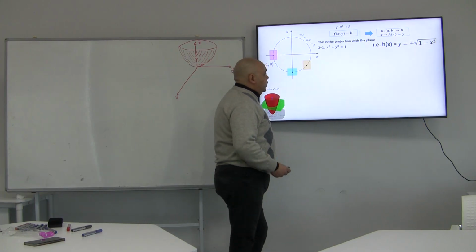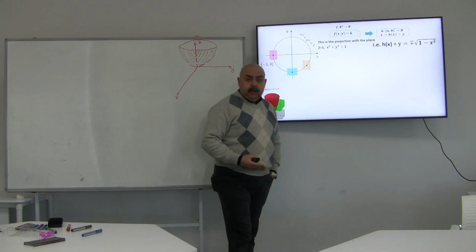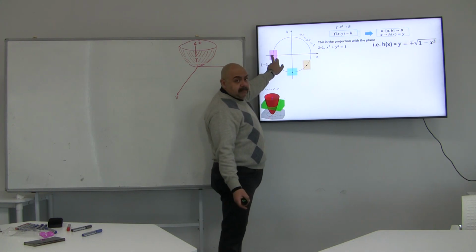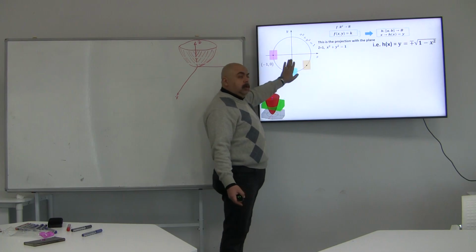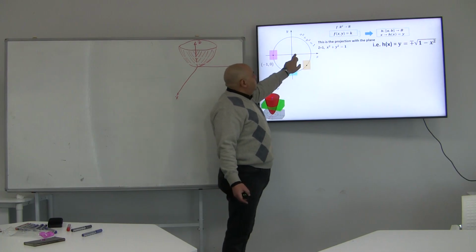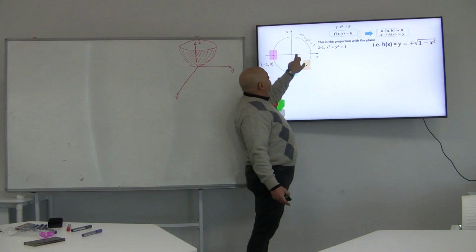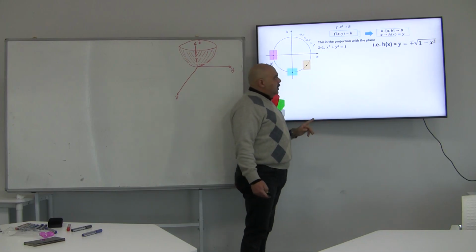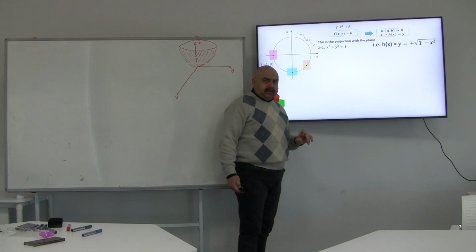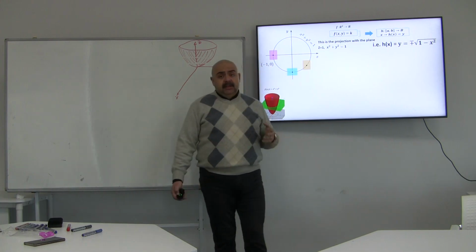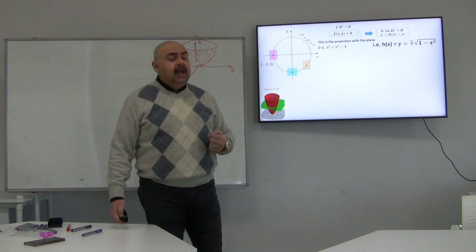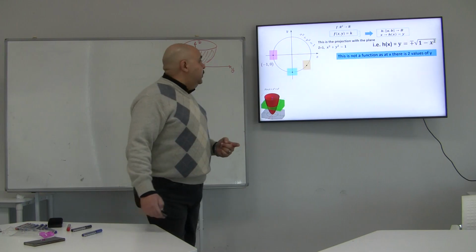Of course, this is not a function, because in the neighborhood of negative 1 and 0, for example, or if I'm talking about the whole shape, at any point here, I have a positive value and a negative value. So it's not a function. But if at certain points I restrict these semicircles to just one semicircle, I will be able to deal with it as a function.